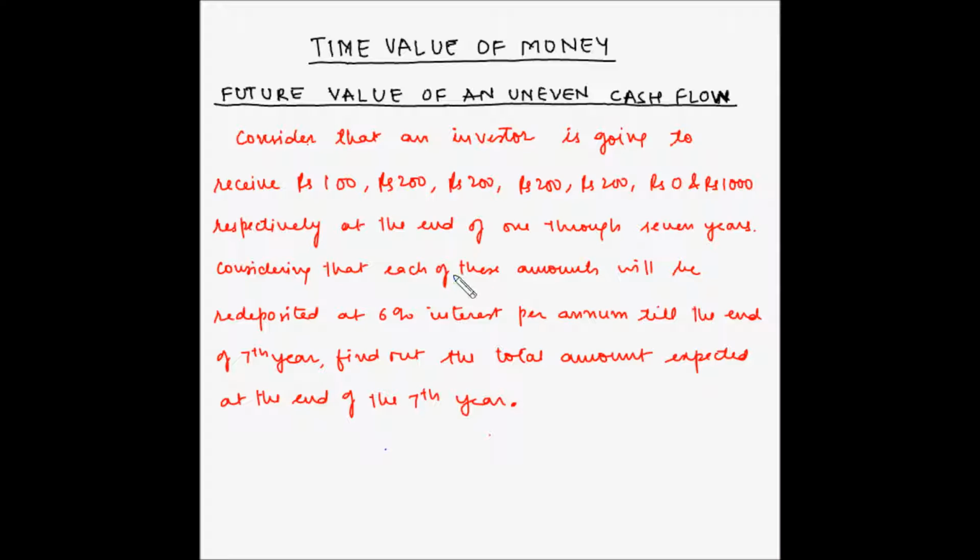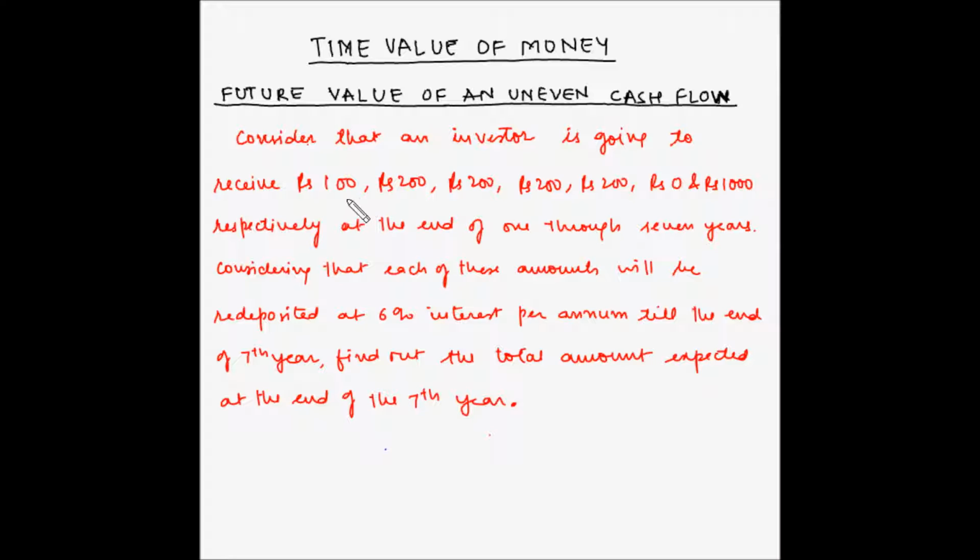Considering that each of these amounts will be redeposited at 6% interest per annum till the end of the 7th year, find out the total amount expected at the end of the 7th year.